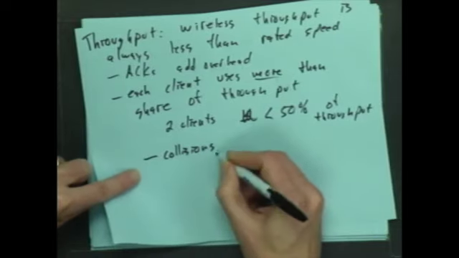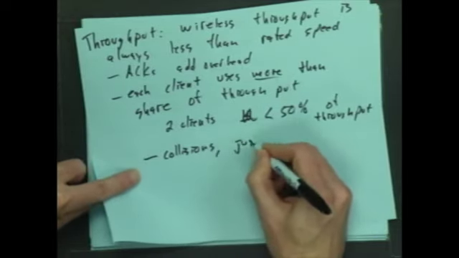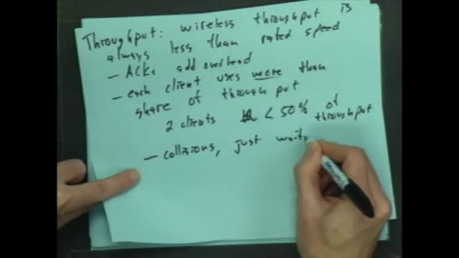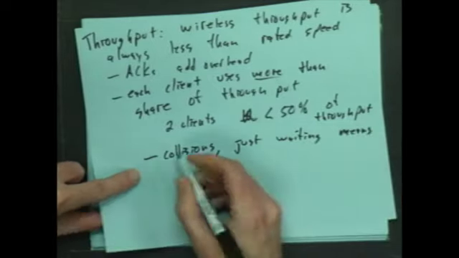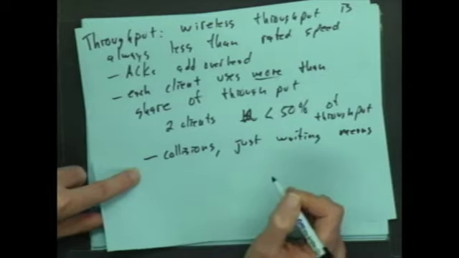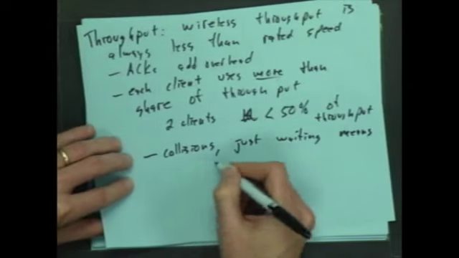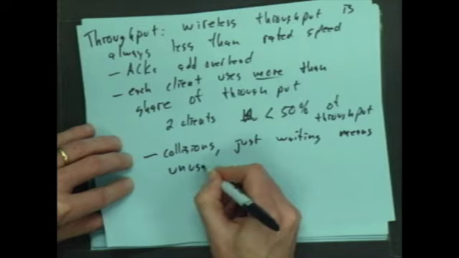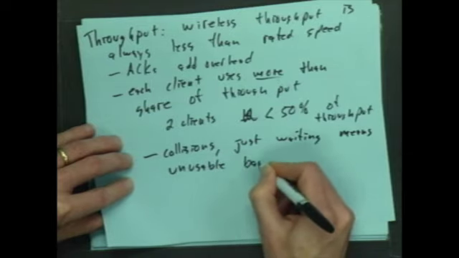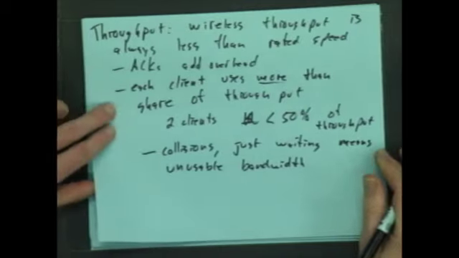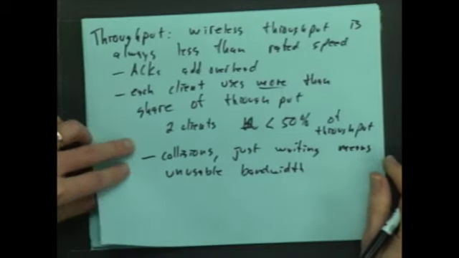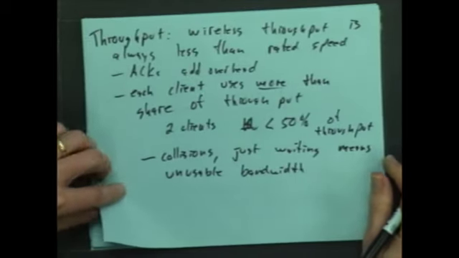If there's ever a collision or just waiting, that means, what are we going to call this? Dead time. We'll put unusable bandwidth. Okay. So as you add clients, your share of throughput just goes down and down and down.